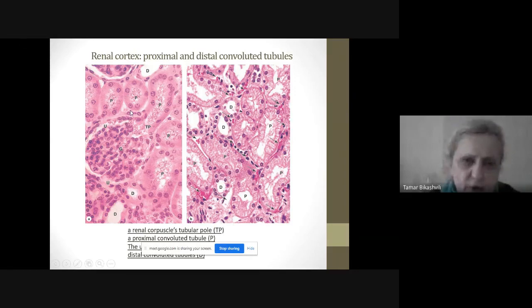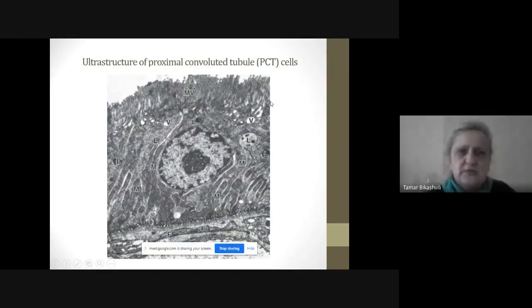So, proximal convoluted tubule. This is a high magnification of a cell of the proximal convoluted tubules, and they have very large round nuclei, and these cells are very acidophilic. Why are these cells so acidophilic?